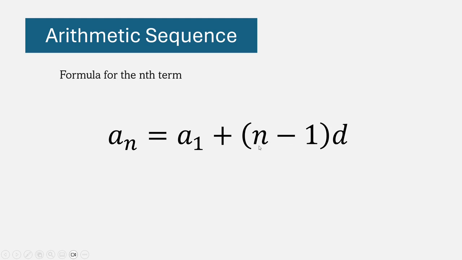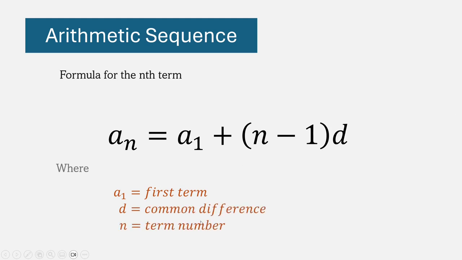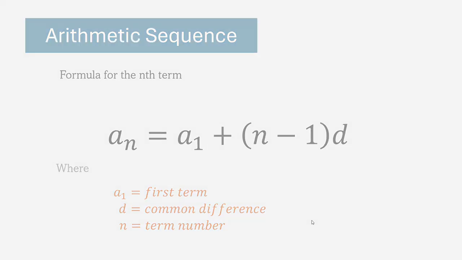The n here is the term number that we are looking for. a1 is the first term, d is the common difference, and n is the term number.